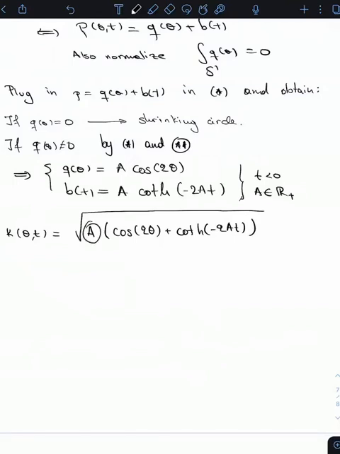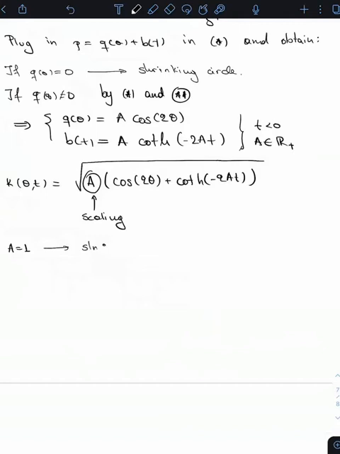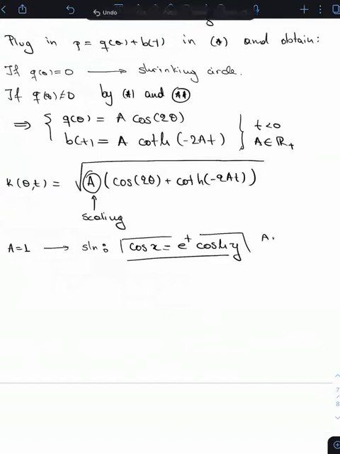Now this A here is just a scaling factor. So changing A, we get the same solution, but they differ under scaling. And for the special case when A equals 1, the solution can be written as cosine x equals e to the t hyperbolic cosine of y. And if you remember from the first lecture, this is exactly the angular oval.